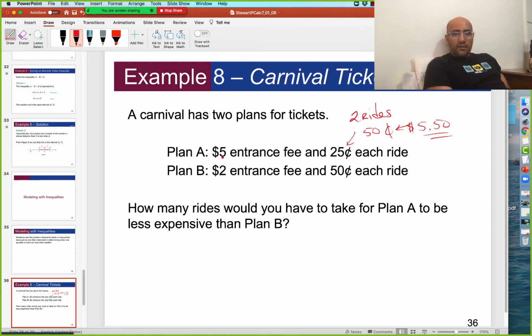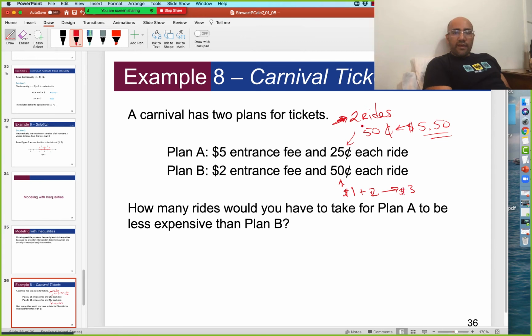So yeah. Any rate, okay, so the second plan, if I'm only going to do 2 rides, if I'm thinking, man, I'm just going to go in there, I'm going to ride 2 things, and I'm going to go home. Under this plan, for the rides, I would pay $1 from here, 50 cents each, so $1. Plus my original $2 fee to get in, so in this case, I would only end up paying $3.